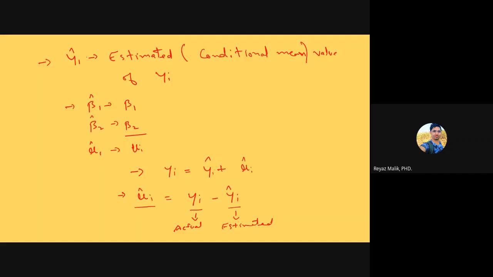Then, for example, we learned that ui cap equals yi minus yi cap. Then in the last slide, we learned that yi cap is equal to beta 1 cap plus beta 2 cap xi.